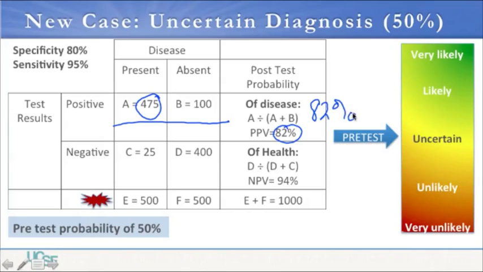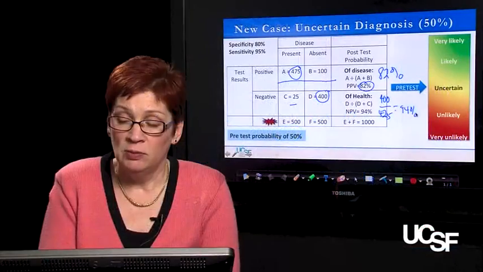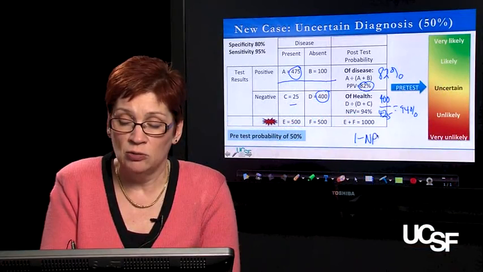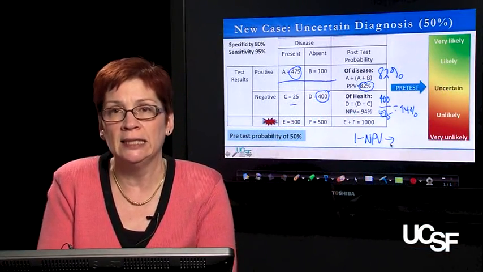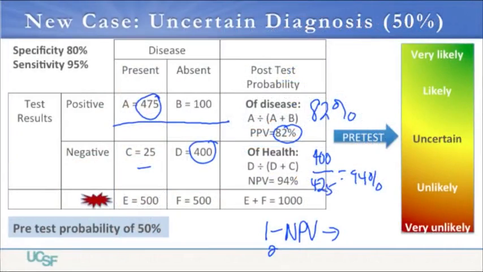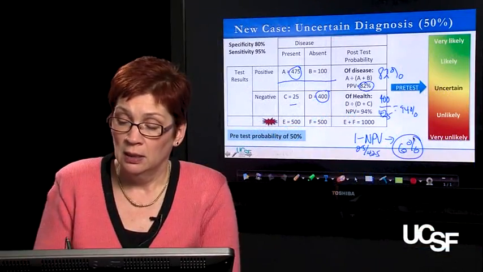And then our post-test probability of health, or negative predictive value, is 400 divided by 425, D plus C, and that's equal to 94%. And remember, we like that statistic of 1 minus the negative predictive value, because that tells us how likely disease is even if the test is negative, and that would be 25 over 425, and that represents 6%. Okay?